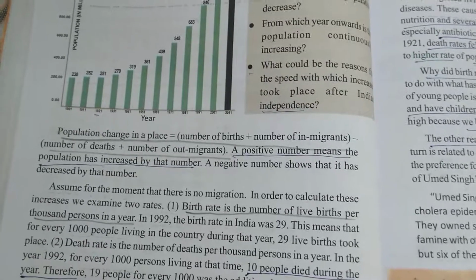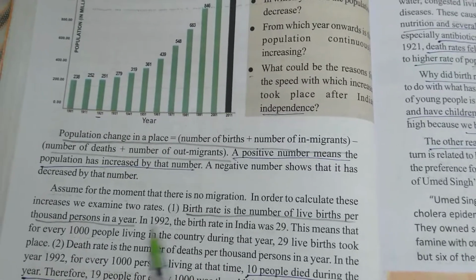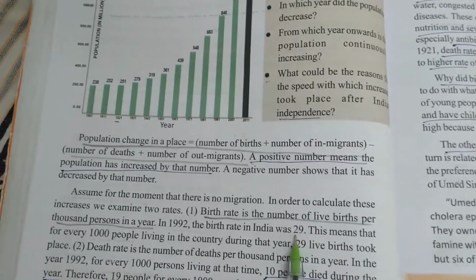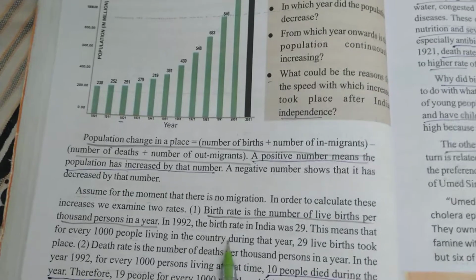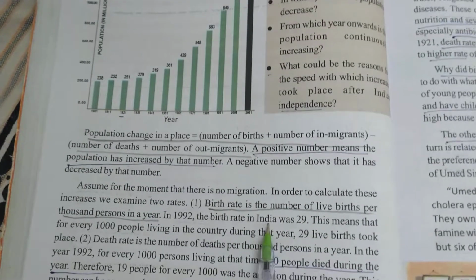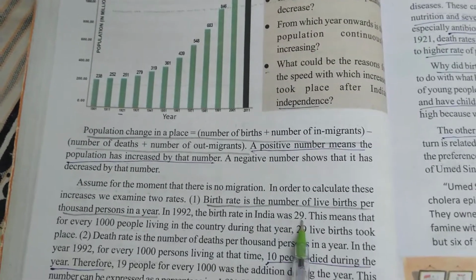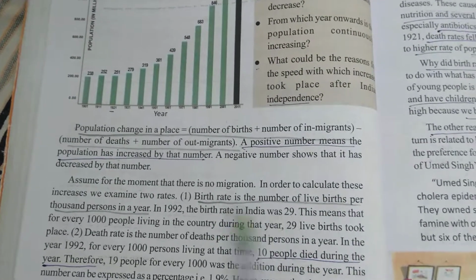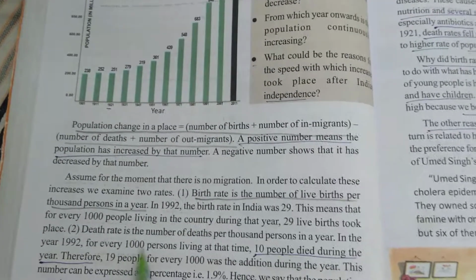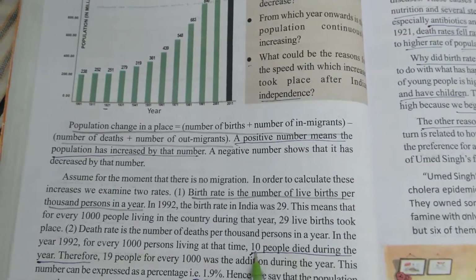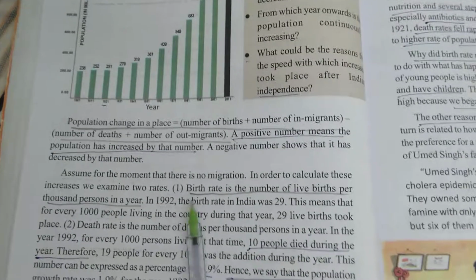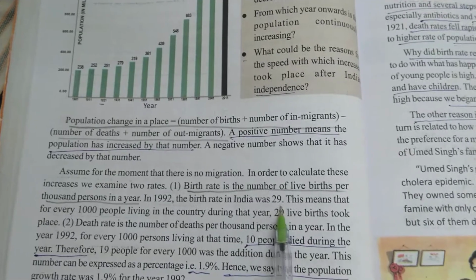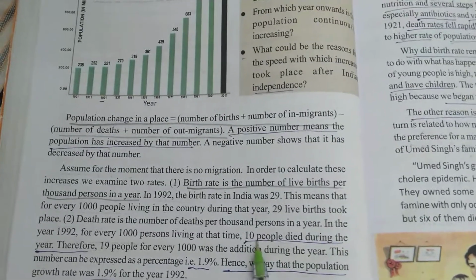For example, take the birth rate in 1992, which was 29 for 1000 people. And what is the death rate at that time? 10 for 1000. So the birth rate is 29, the death rate is 10, and the difference is 19.